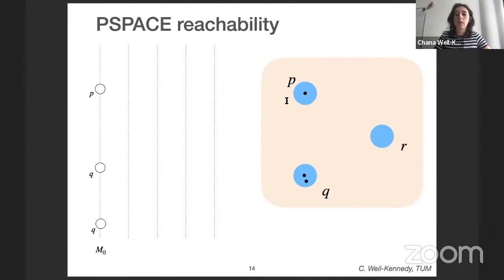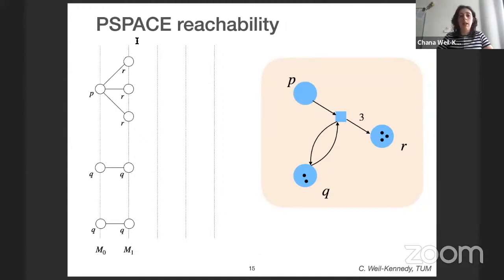So just to make this clear, I'm going to show you on an example of a small net, which has 3 places P, Q, R, and 2 tokens in Q and 1 token in P initially, which are shown here. And then let's say there's a transition which observes a token in Q and then takes a token from P and puts 3 tokens in R. So this would be written in this way.